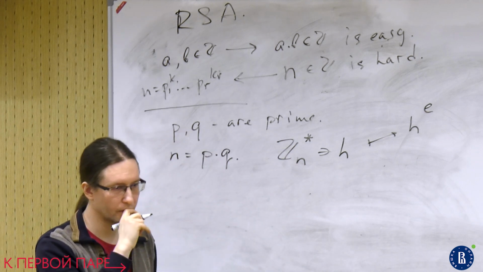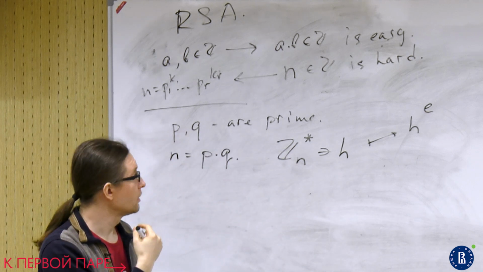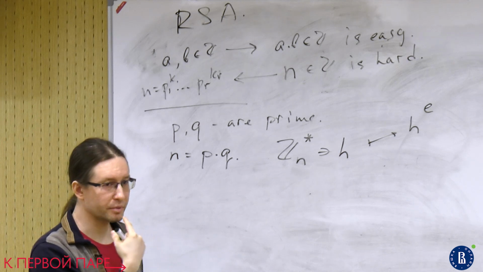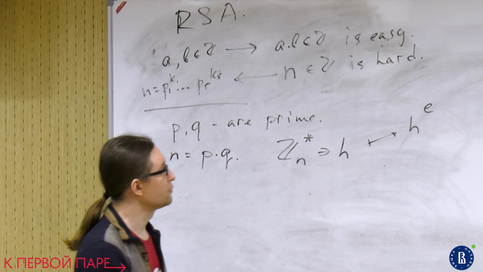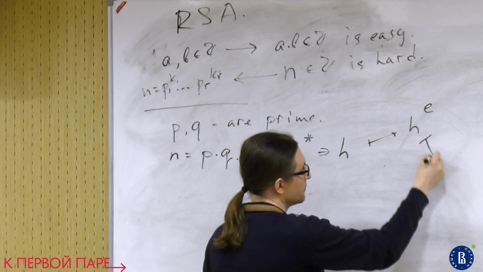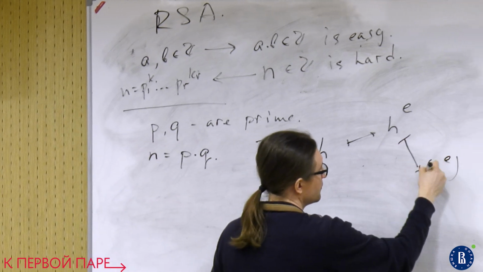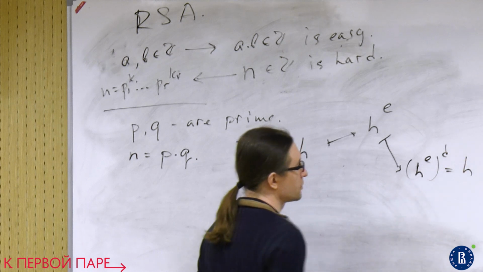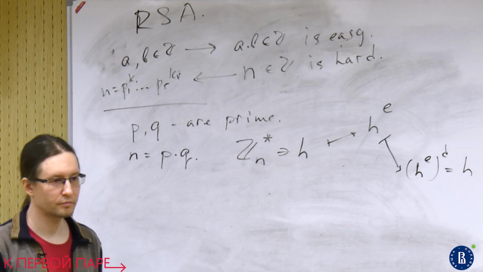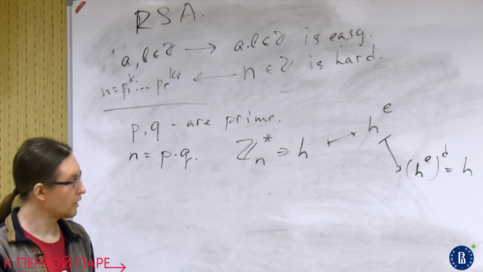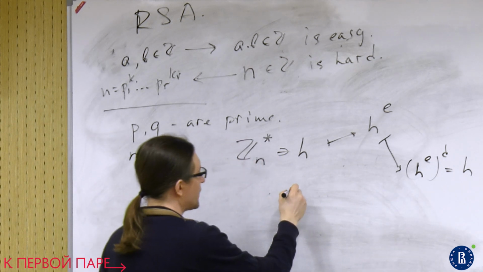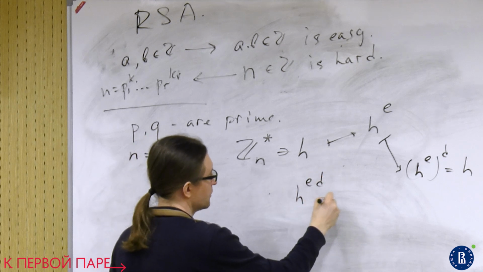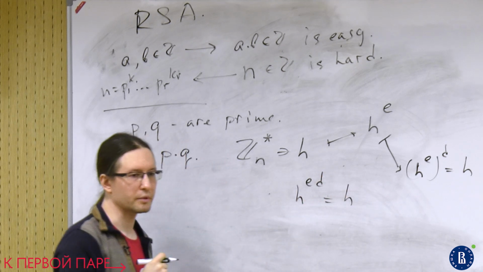But now it may happen, if e is a good enough element, that you can raise it to a power d again, and you will get the initial element h. When does it happen? Well, let's take a look. It happens when this happens.